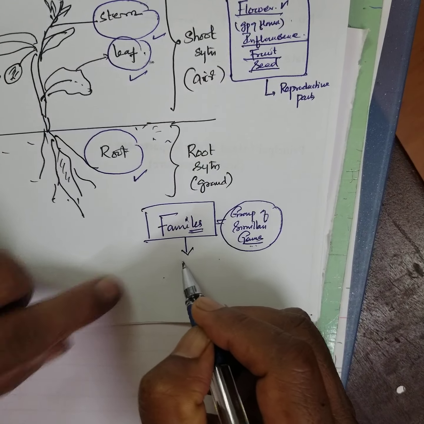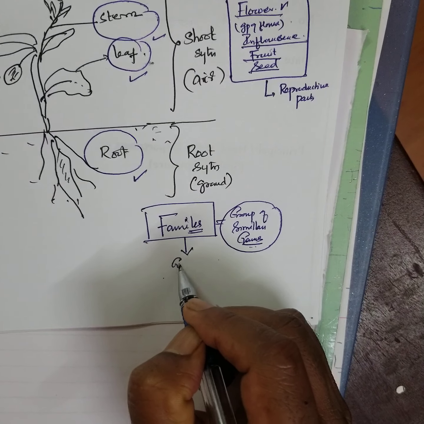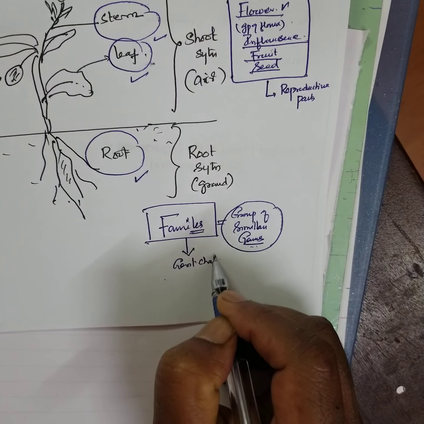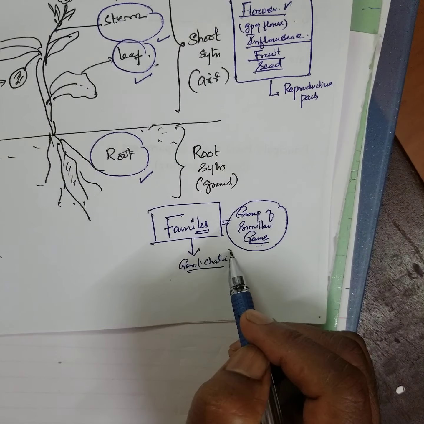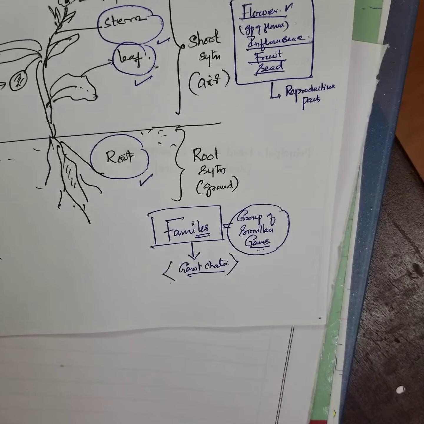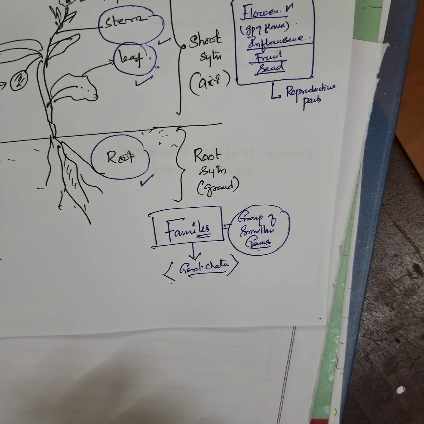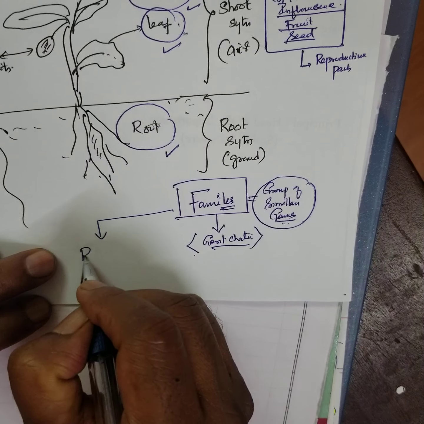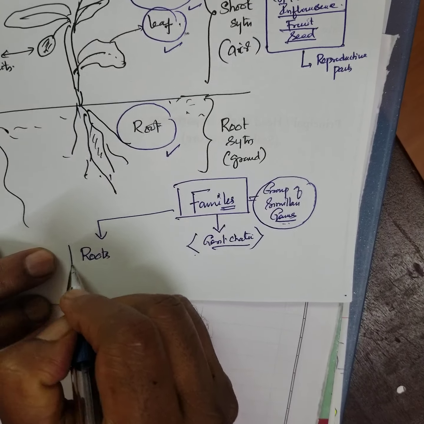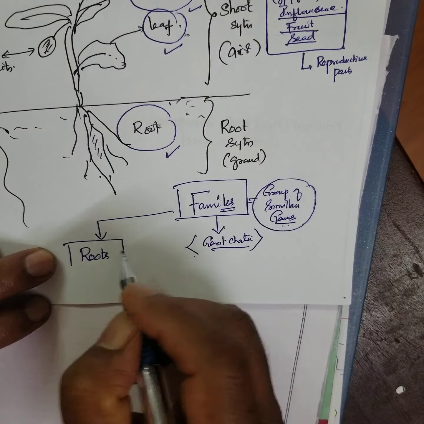And we are also going to study the general characters of this family. Here, in the next class, I am going to start with roots, the root system, that is, the different types of roots.